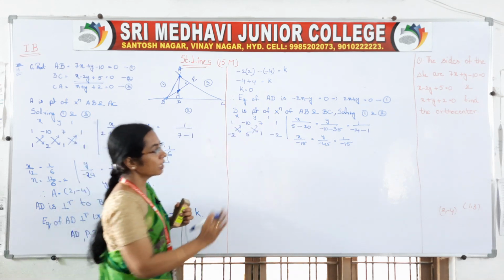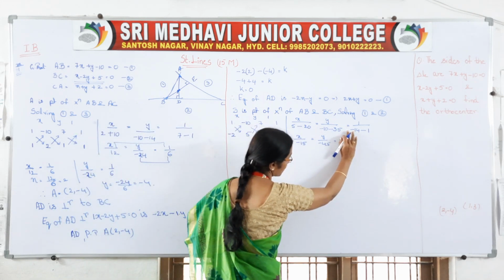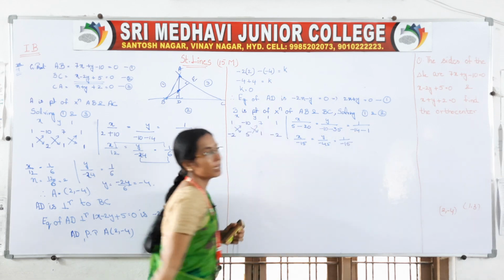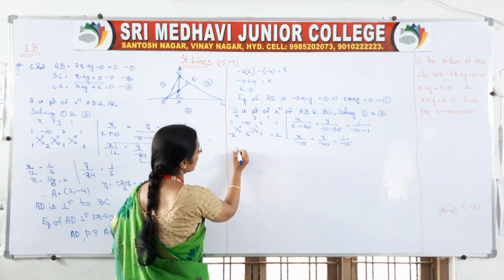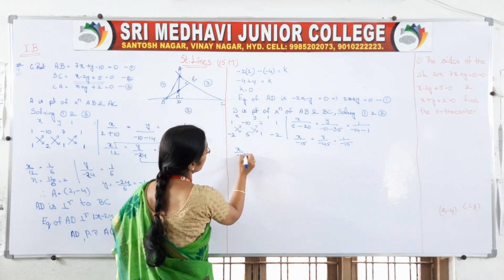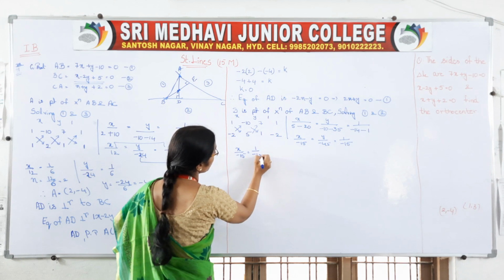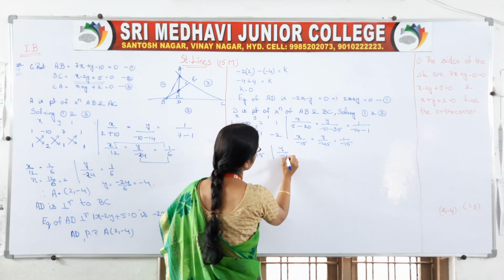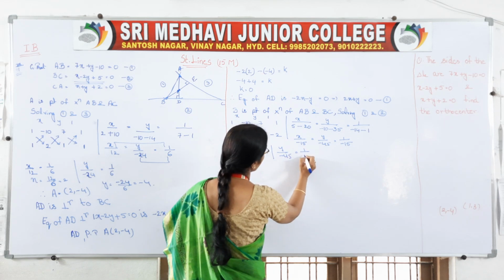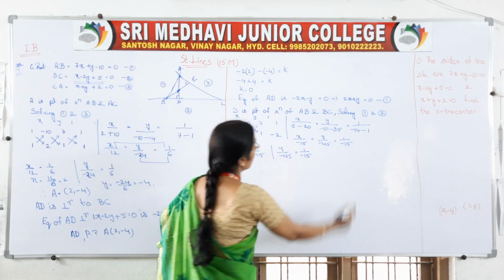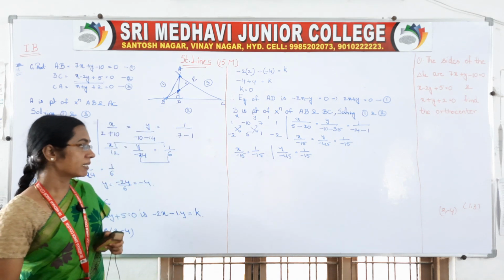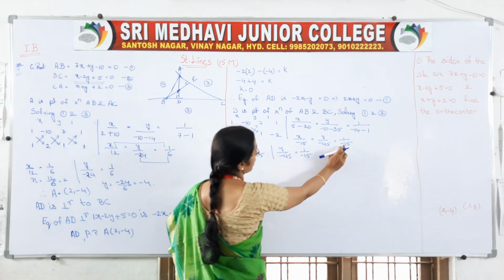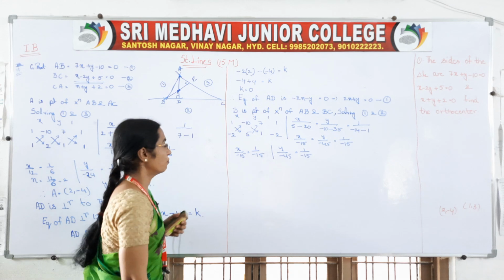So once you take x coordinate and constant, y coordinate and constant, you will get your point. So x by minus 15 is equal to 1 by minus 15 and y by minus 45 is equal to 1 by minus 15.